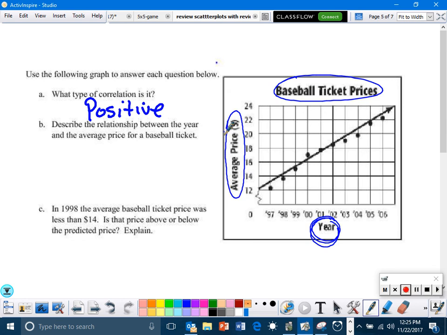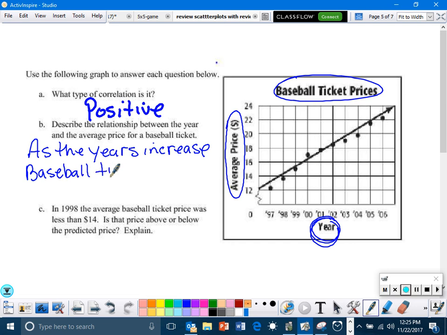So I'm going to say as the years increase, baseball ticket prices increase.